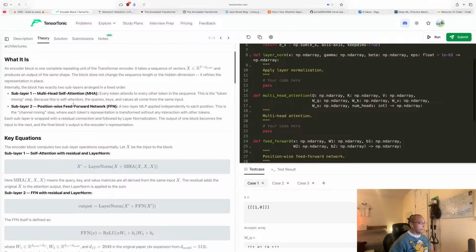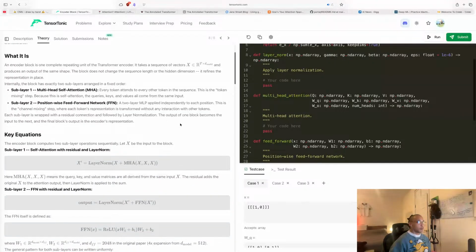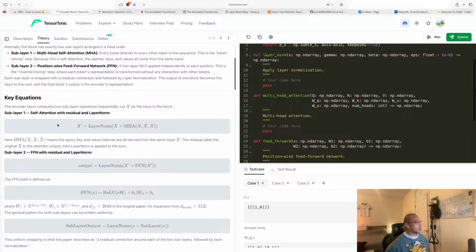And then sublayer 2 is the position-wise feed-forward network, a two-layer multi-layer perceptron applied independently to each position. This is the channel mixing step, where each token's representation is transformed without any interaction with other tokens. Each sublayer is wrapped with a residual connection and followed by layer normalization. The output of one block becomes the input to the next, and the final block's output is the encoder's representation.